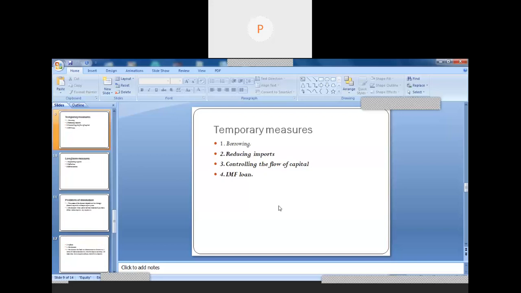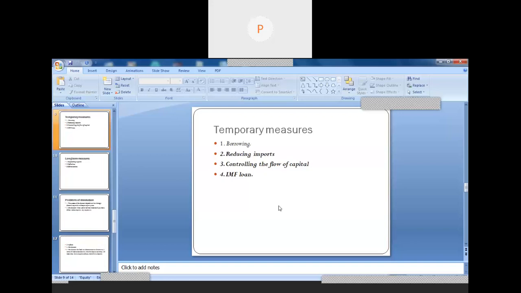The next point I have written is reducing imports. You all can explain this point. Reducing imports means that a country needs to reduce imports, especially if your country is having a deficit in its current account. This can be done how? By the use of steps like quotas on imports, right?